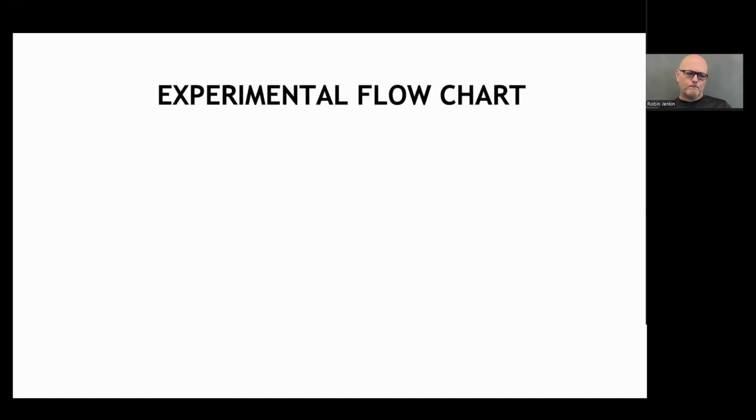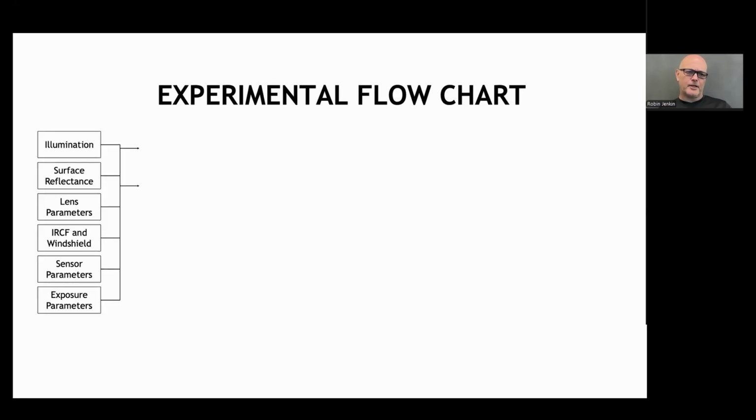So the experimental flow chart for the simulation really starts off looking at illumination, surface reflectance, lens parameters, and some windshield parameters, sensor parameters in terms of the QE curves, and exposure parameters. And we have a noise model to estimate noise at an image plane for a given exposure.